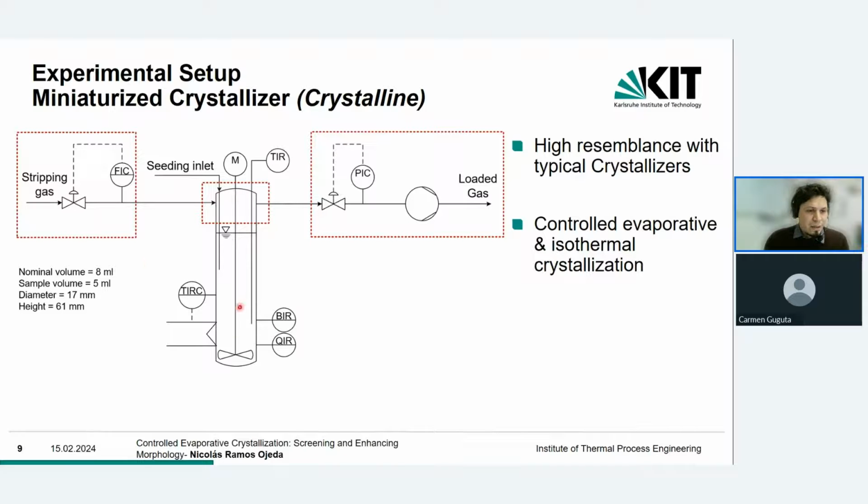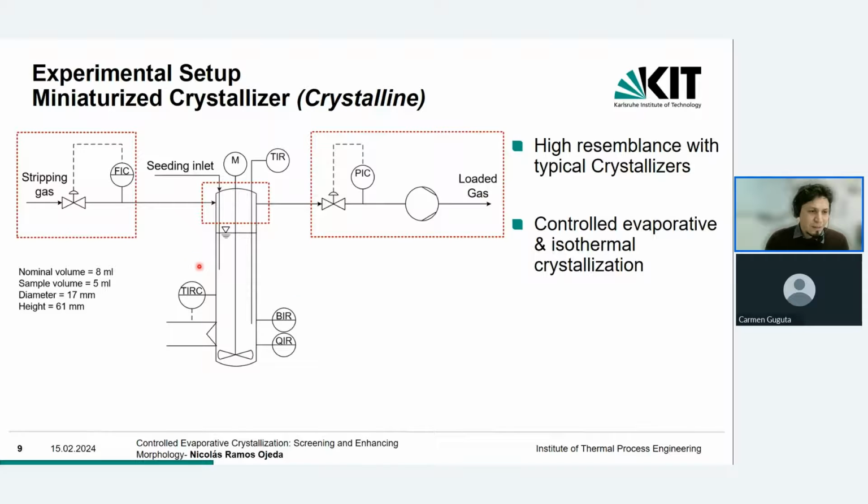As you can see here in the illustration, we employ a stripping gas, and this stripping gas enters the vial immersed in the Crystalline cell and evaporates the solvent and exits the system by means of a vacuum pump controlled with a vacuum pressure controller.